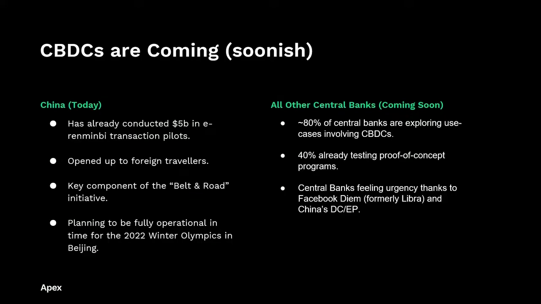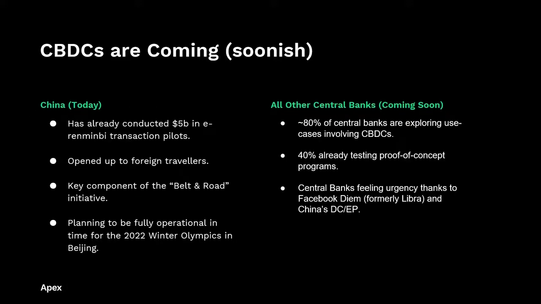So China has been researching CBDC for almost a decade. I think their research started in 2014 or so. And so they really have a leg up on the world in terms of creating a government-backed digital currency. And they're going fast.